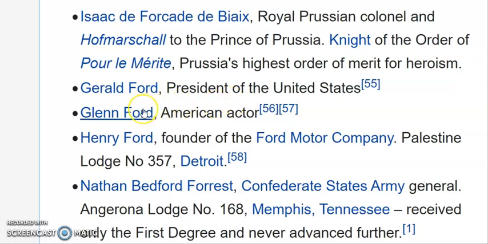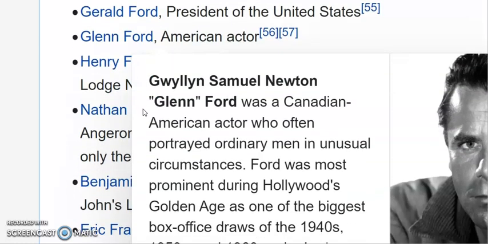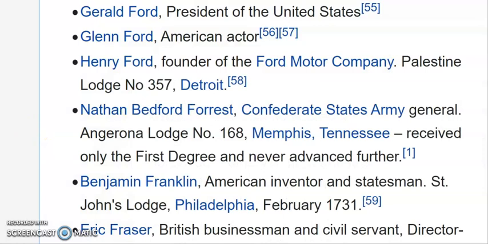Glenn Ford. Of course, Glenn Ford was in the movie about the Freemasons, Brotherhood of the Bell, which was basically a cover-up for them.